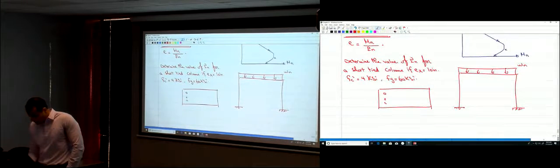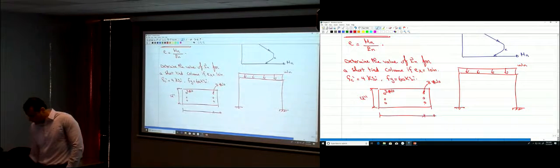We have 3 number 10 bars on this side and 3 number 10 bars on this side. The width over here is 12 inches, and the dimensions on this side are 3 inches, 3 inches and 14 inches, so overall that's 20 inches.